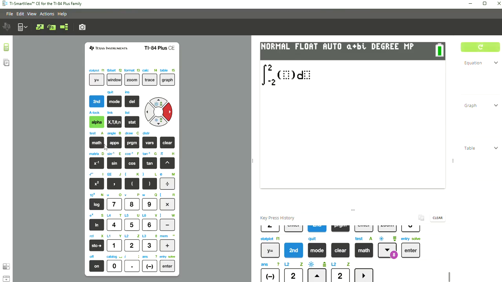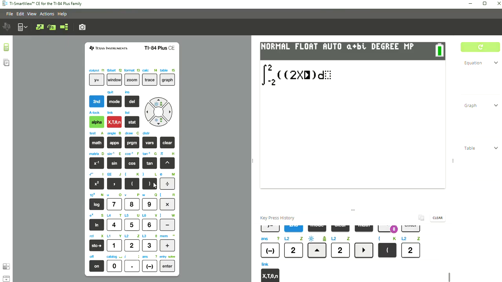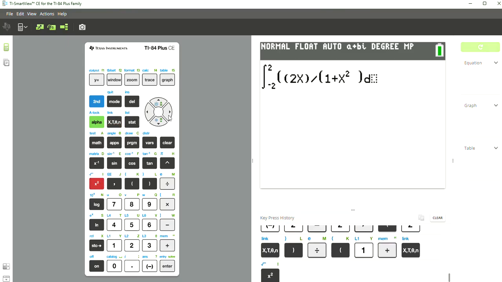I don't have the fraction functionality on this version of the emulator, but if I put 2x in parentheses, followed by division, and in parentheses 1 plus x squared, the calculator is going to read that as the function 2x over 1 plus x squared.